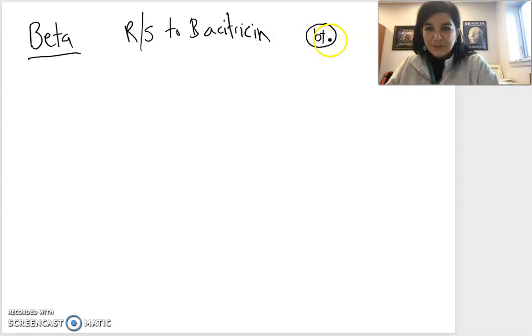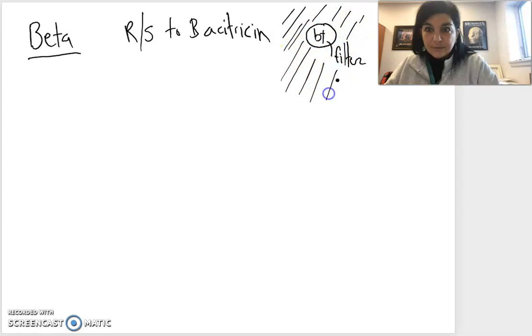I'm using the acronym BT. This is the filter with the antibiotic in it, and there's a whole plate of strep cells. We still don't know what strain, but this is the bacitracin filter.